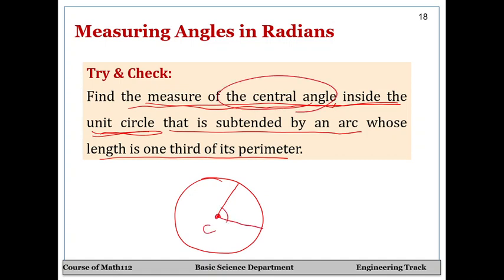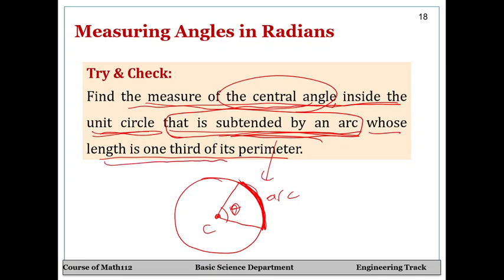Let's say this is theta, and that is subtended by an arc. Its corresponding arc is here. So in English we say subtended by an arc. So theta is subtended by an arc here, whose length is 1/3 of its perimeter.